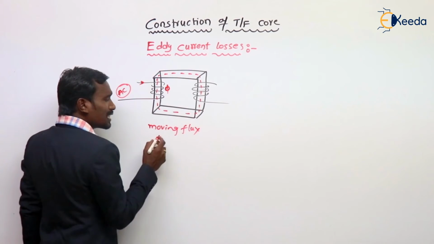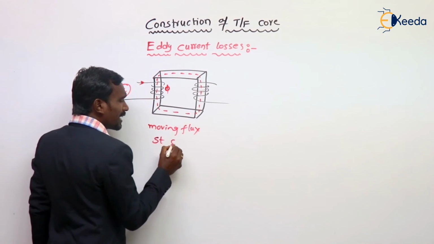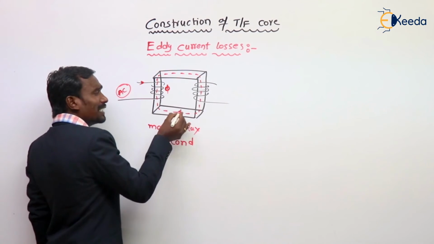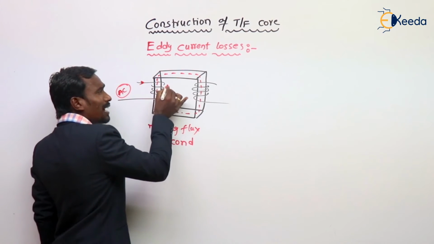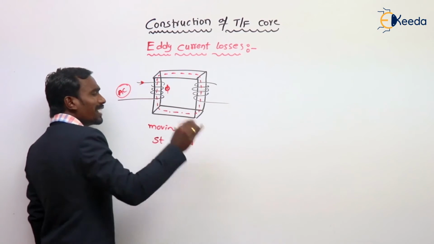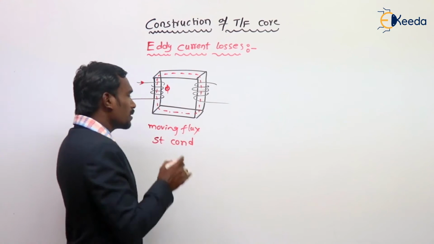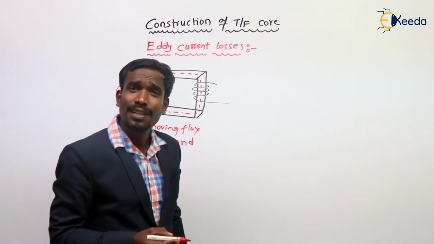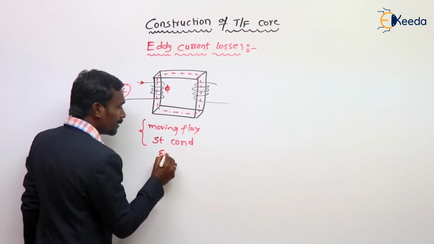The transformer core is a stationary conductor. The stationary conductor is linked by the moving flux. With a moving flux and a stationary conductor, what is the result? The result is EMF.